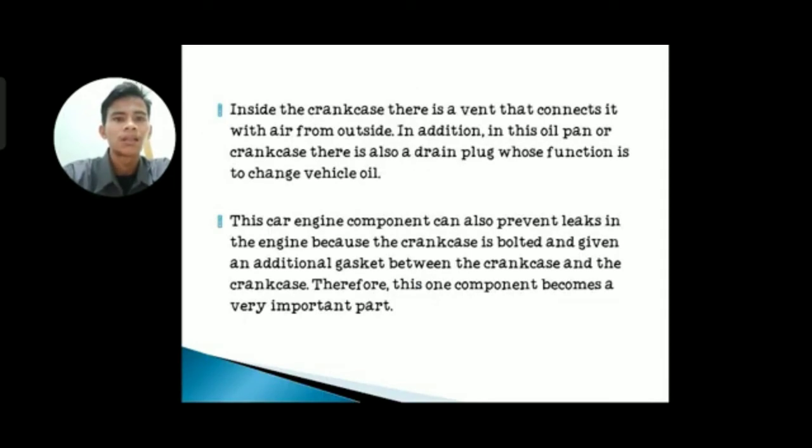The car engine component also prevents leaks in the engine because the crankcase is bolted and given an additional gasket between the crankcase and the cylinder block. Therefore, this component becomes a very important part.